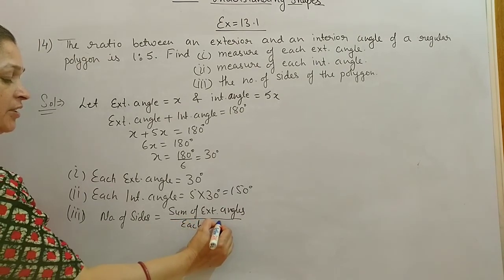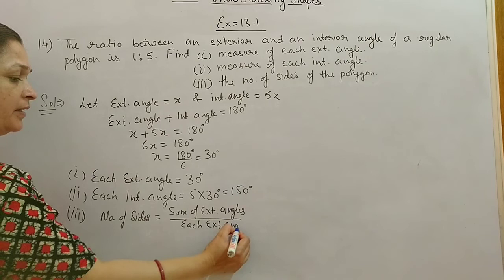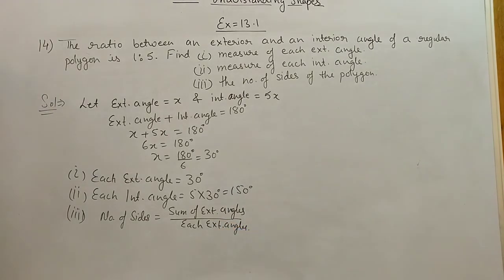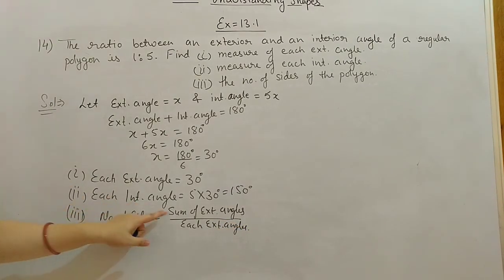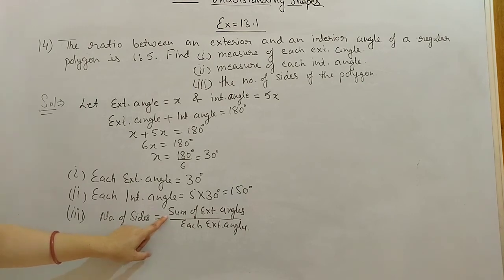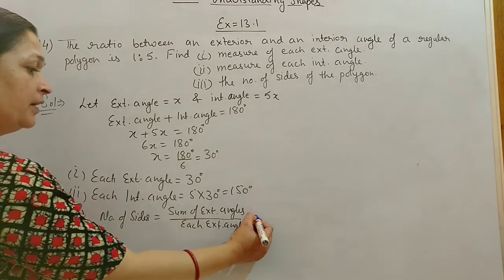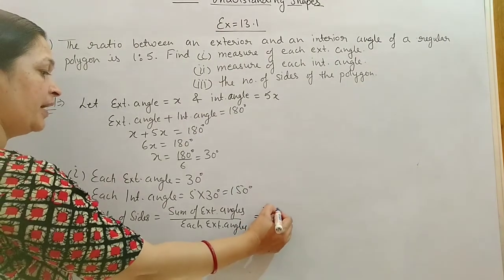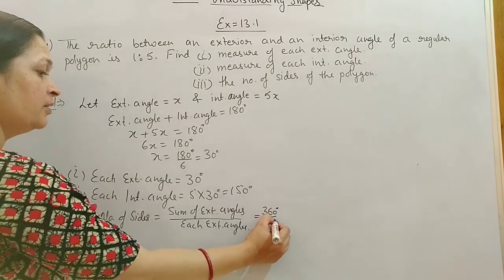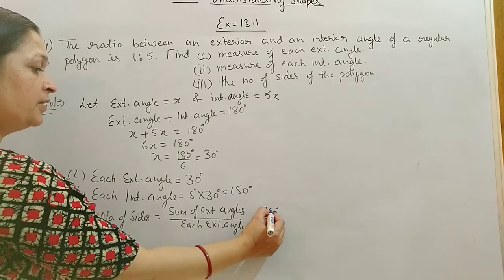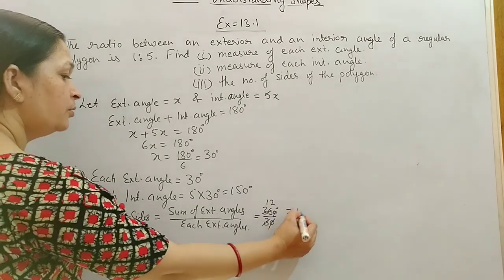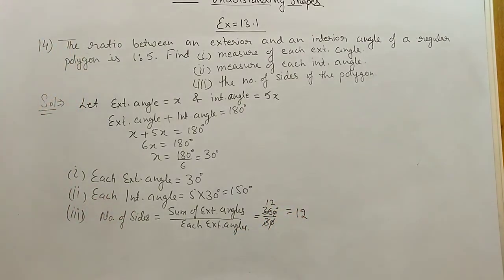Sorry, each exterior angle. You can take the same thing for interior angle also, but for exterior angle it is easy. For all polygons, the sum of exterior angles is 360 degrees, and here each exterior angle is given as 30 degrees. So do the cancellation, 3, 1 and 2. So it is a 12-sided polygon.